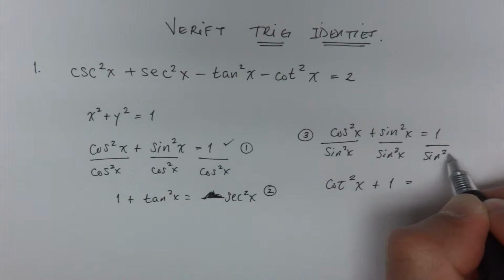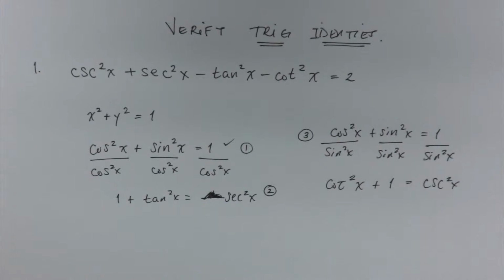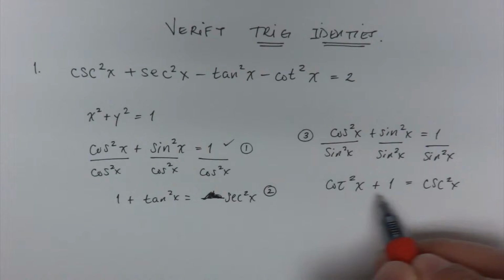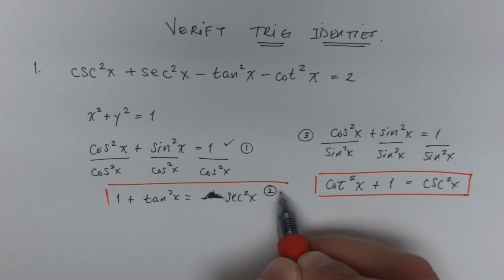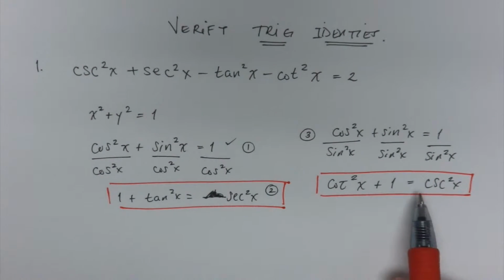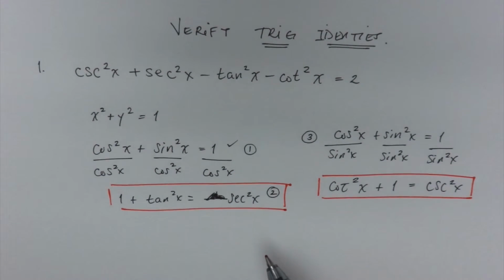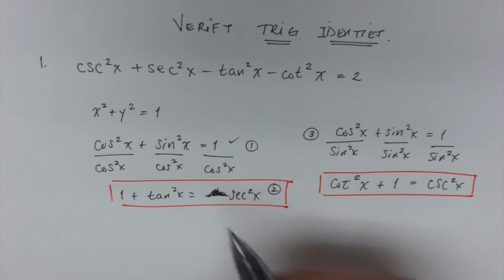And 1 divided by sine squared is cosecant squared. And if you notice, cotangent goes with cosecant, the cocos, okay? You can think about it that way, the cocos. All right, so cotangent, cosecant, tangent goes with secant. And of course, we have our first one here, the Pythagorean identity.